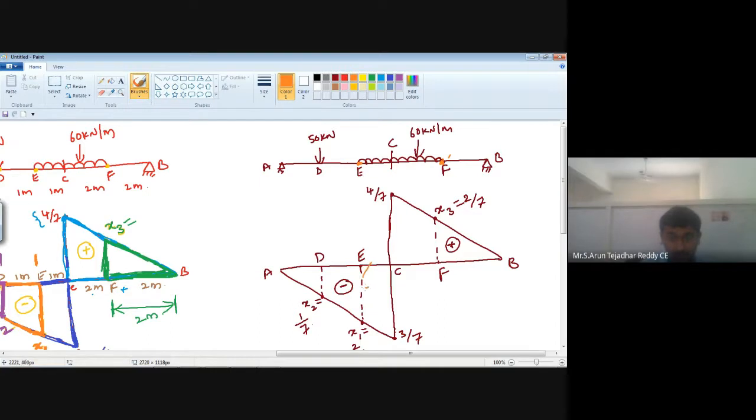So this shaded portion, first of all E to C completed. Next is C to F. So this shaded portion.